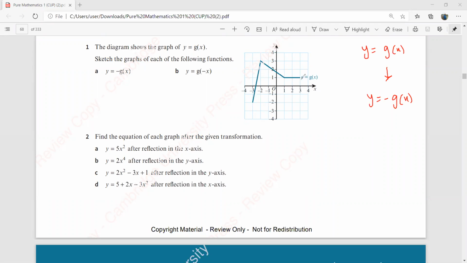Okay, so please see how this is going to be reflected. This point (3, 1) is going to be reflected here. This is going to be here. This is going to be here. And this point, which is (minus 2, 3), is going to be here. And this minus 3 is going to be here. Let's join them quickly.